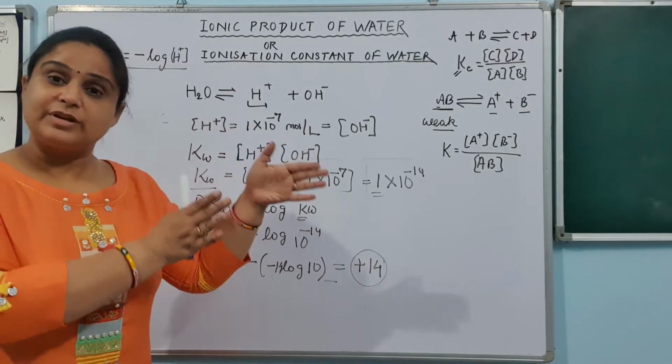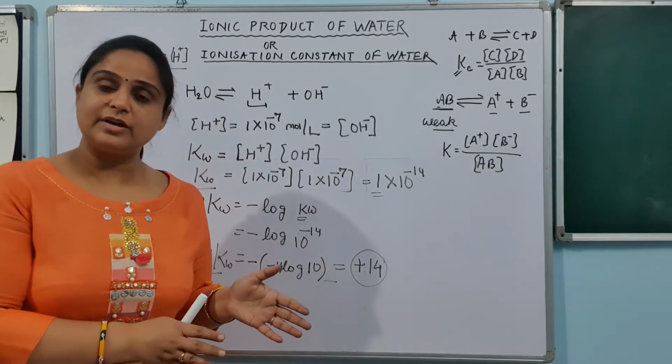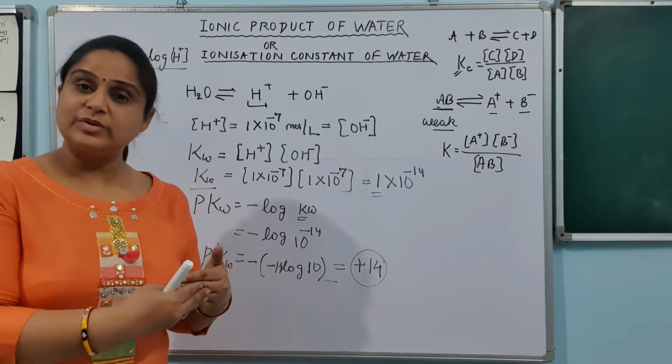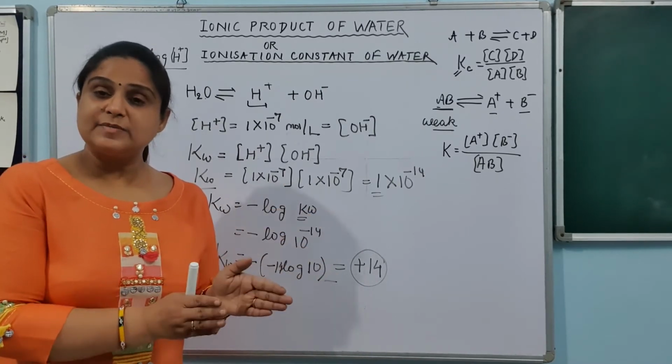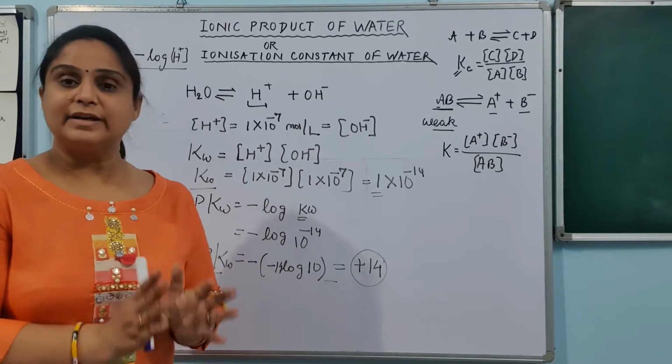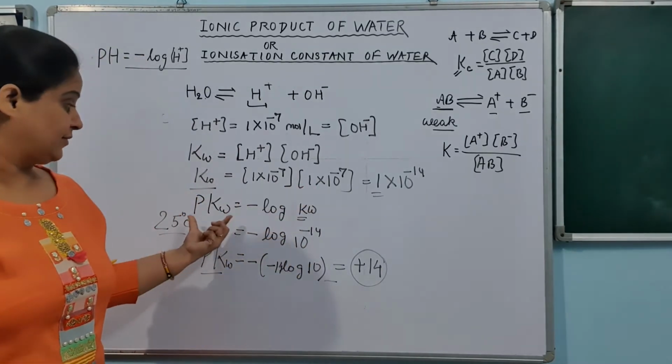So as soon as water dissociates more, the H plus ion concentration will increase, and just because we are talking about pure water, OH minus will also be increasing. Why? Both have to be kept equal. So H plus ion and OH minus ion will increase in concentration. Hence, the value of Kw will increase.